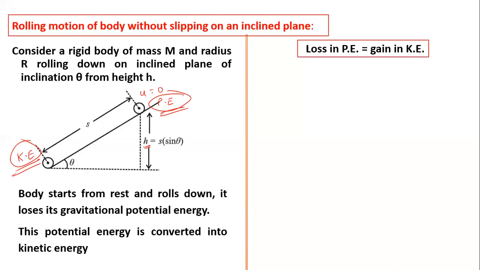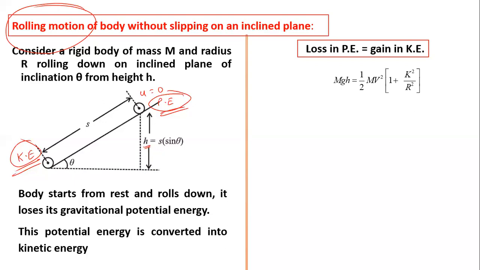So potential energy formula is mgh and gain in kinetic energy. But which kinetic energy? It's a rolling motion. So rolling kinetic energy that we learned in the previous article. So we substitute here potential energy is mgh and rolling kinetic energy is 1 by 2 mv square in a bracket 1 plus k square by r square.